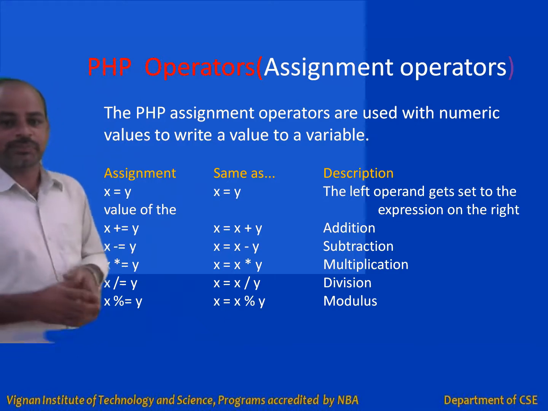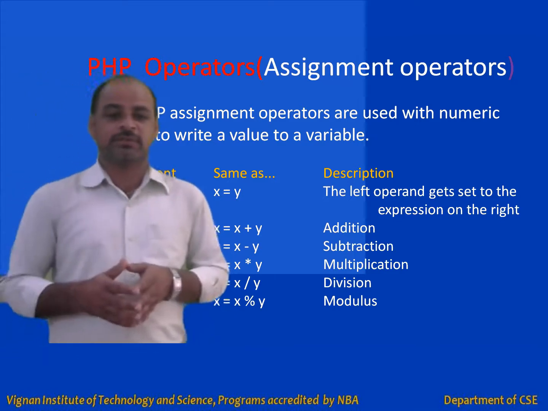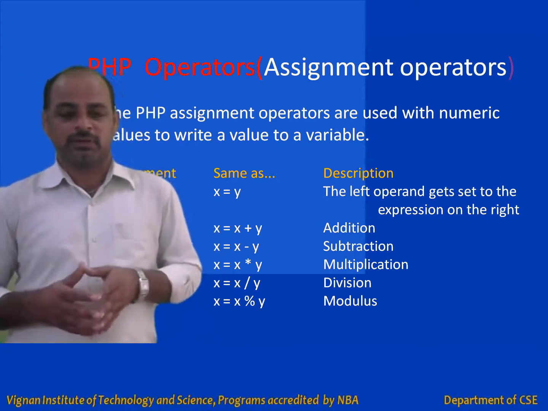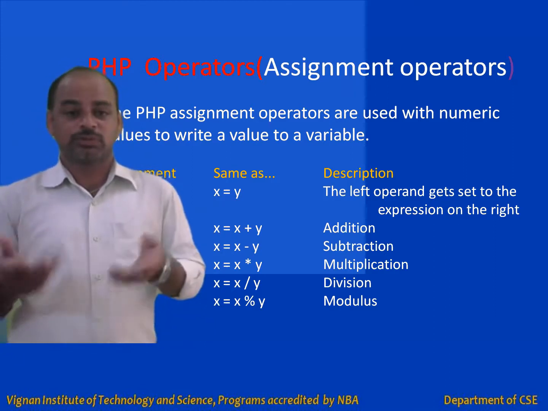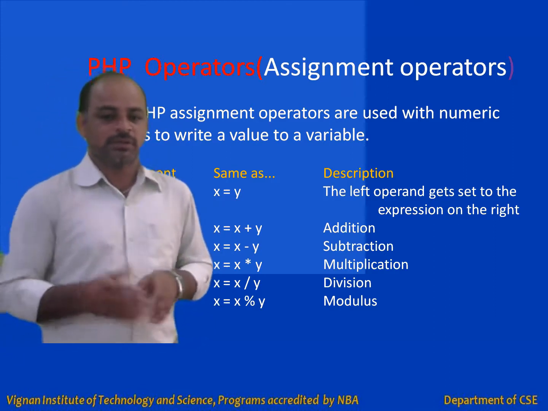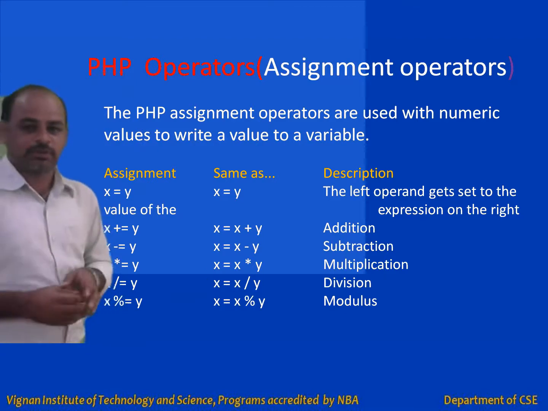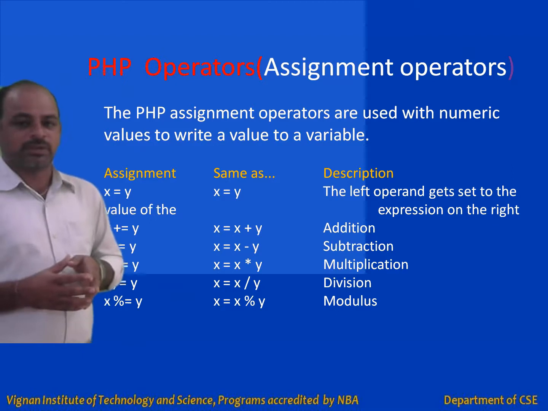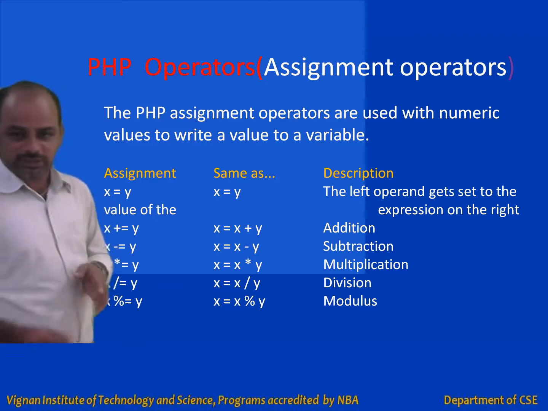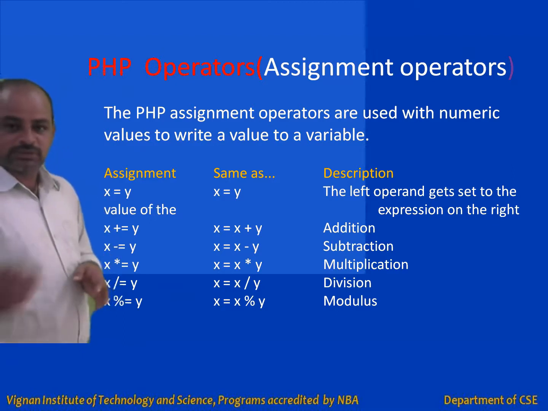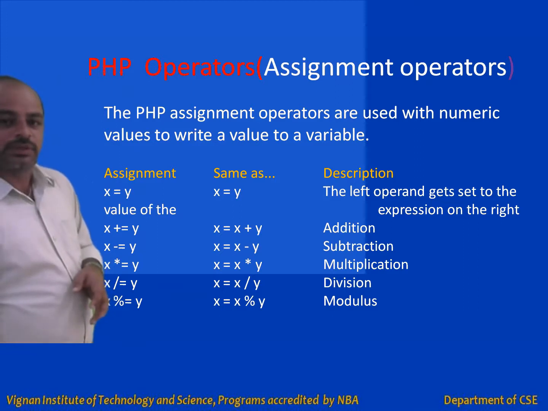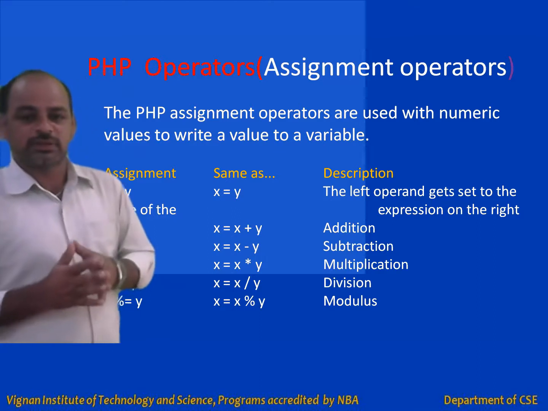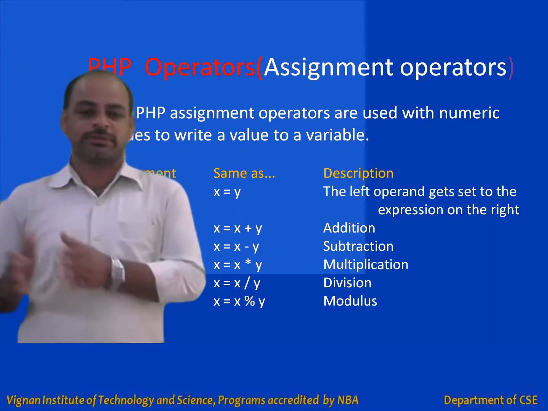Next, there are other types of assignment operators, the shorthand assignment operators. You can see all these shorthand assignment operators: addition assignment, subtraction assignment, multiplication assignment, division assignment, modulo assignment. These can be written as you can see here. Here x plus is equal to y implies x is equal to x plus y.